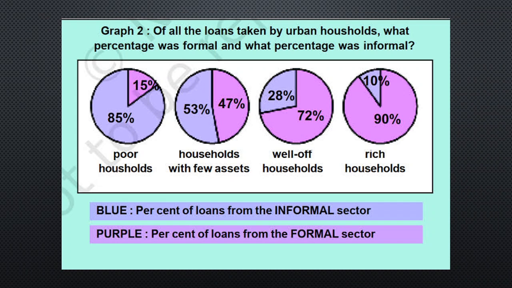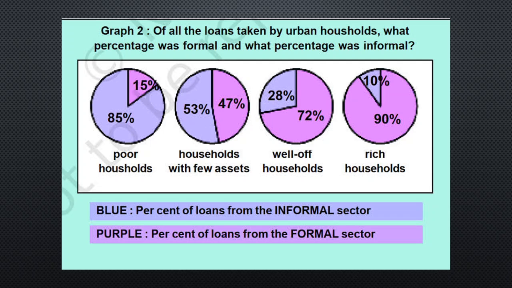So in our last class we discussed the topic formal and informal credit, who gets what. The population of the urban areas was divided into four groups, starting from poor households with few assets, well-off households and rich households.